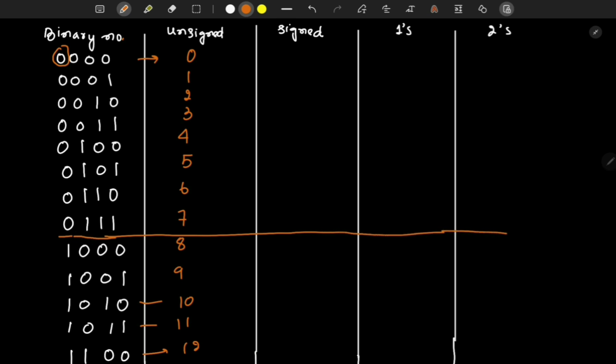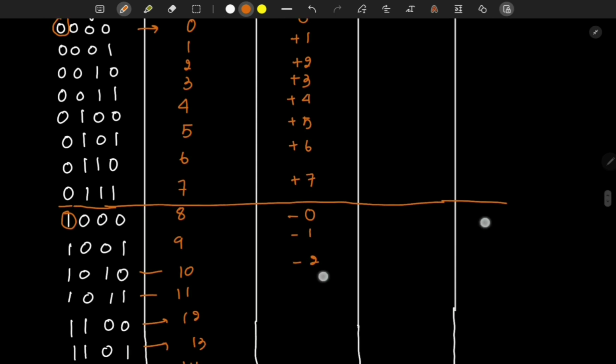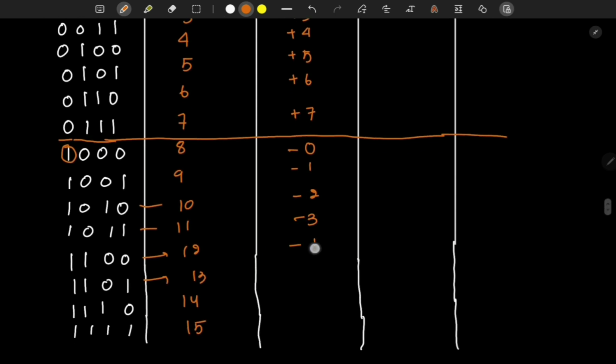So in signed representation, this will be 0, plus 1, plus 2, plus 3, plus 4, plus 5, plus 6, and plus 7. After that, the most significant bit is 1, which means minus 0, minus 1, minus 2, minus 3, minus 4, minus 5, minus 6, and minus 7.